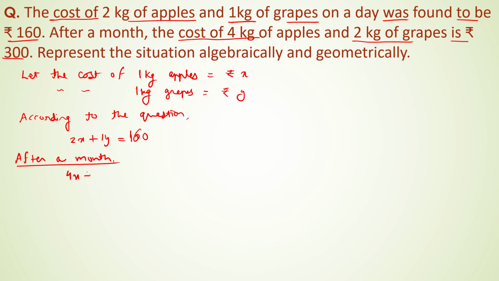That means 4x plus 2y equals 300. Let us say this is equation number first, this is second.